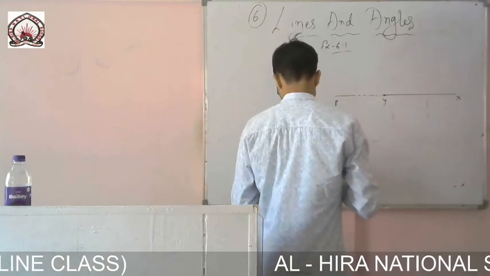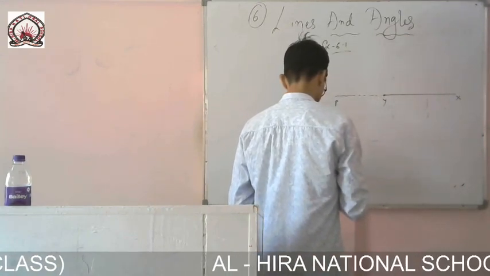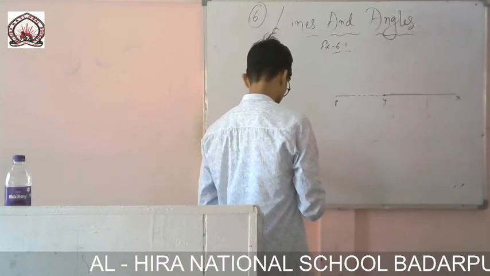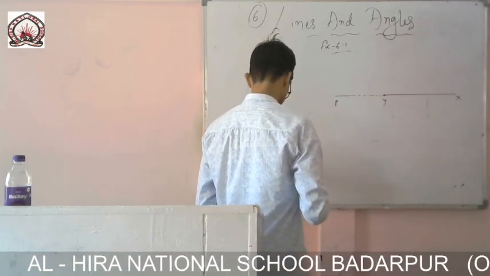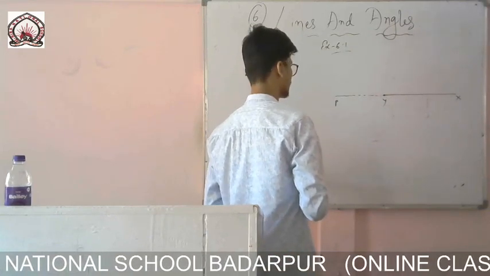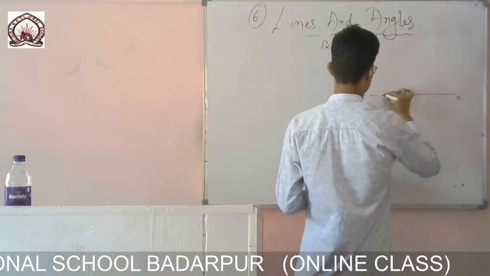Now, what is given here? XY is produced to point P. Draw a figure from the given information. If ray YQ bisects angle ZYP, that means first of all I have to draw an angle ZYP.